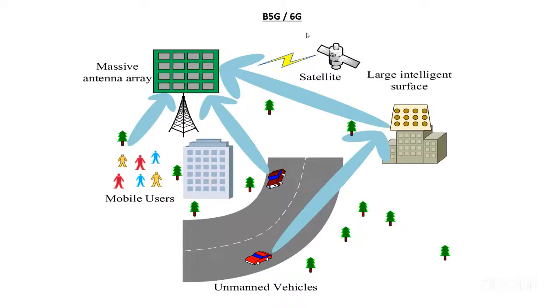Suppose a user is just speaking, it will allocate some specific bandwidth to accommodate that particular speaking. If I'm downloading a high definition movie, it will allocate a good amount of bandwidth for that particular user. If it is vehicle communication, it will alert differently. So how is that possible?